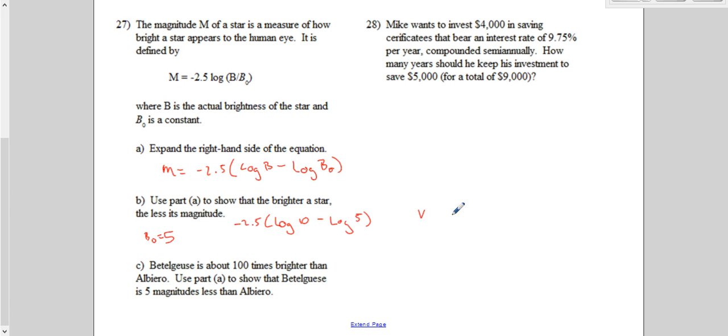And I'm going to compare that to a brighter star. And let's say the brightness is 100 instead of 10. And my B sub 0 stays 5 because it's a constant. So I'm going to plug both these in my calculator, and I will get my answer to see and compare.